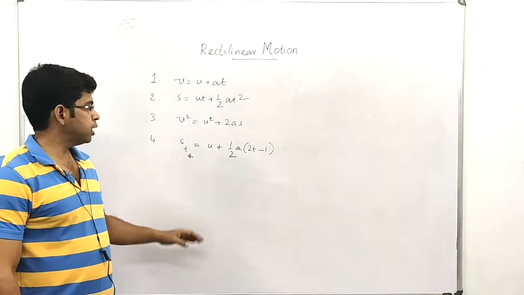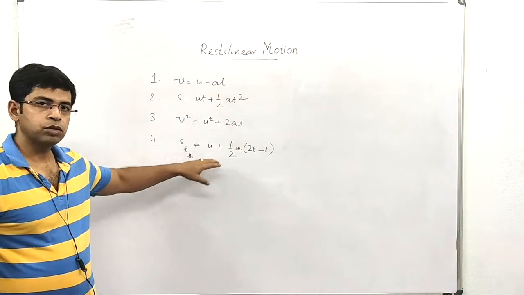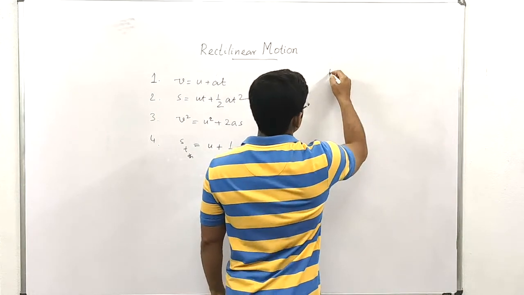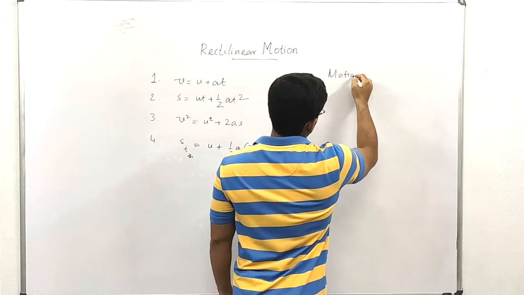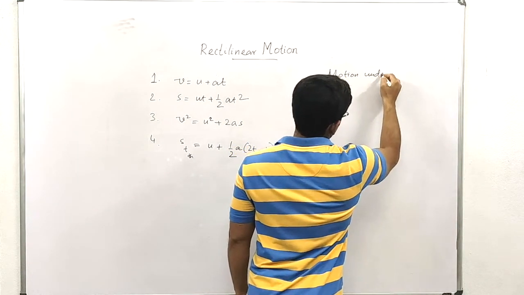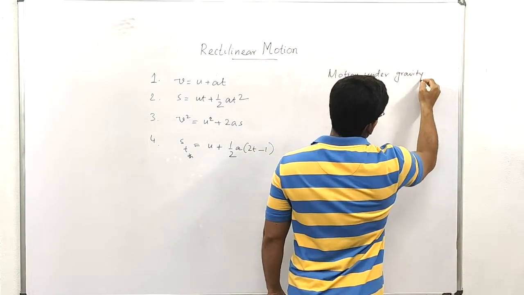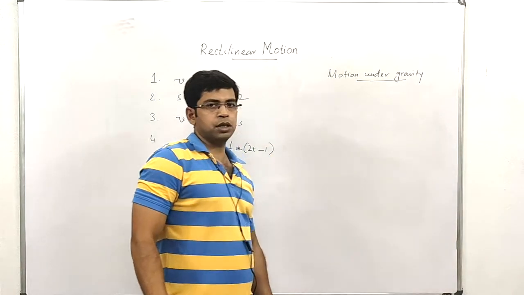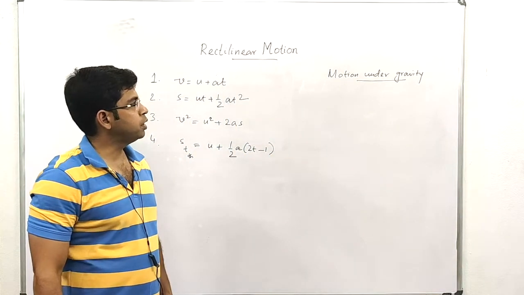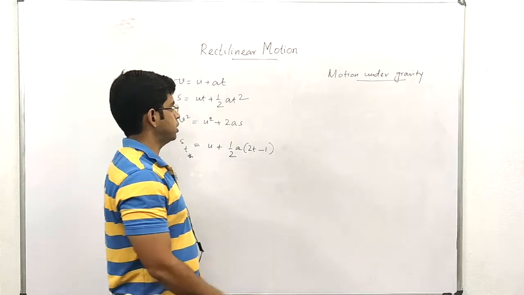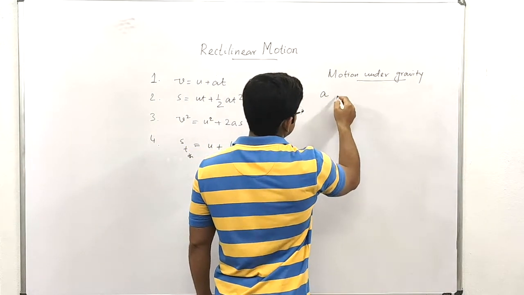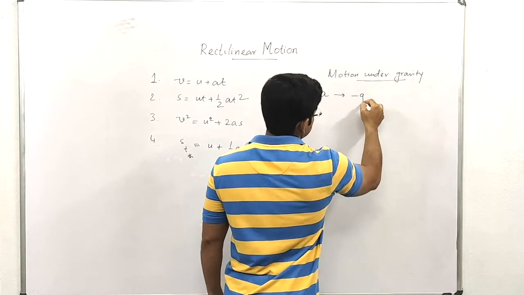Now let us generalize these four equations to motion under gravity. That means an object falling freely under the effect of gravitational acceleration. Here we just replace a by minus g.